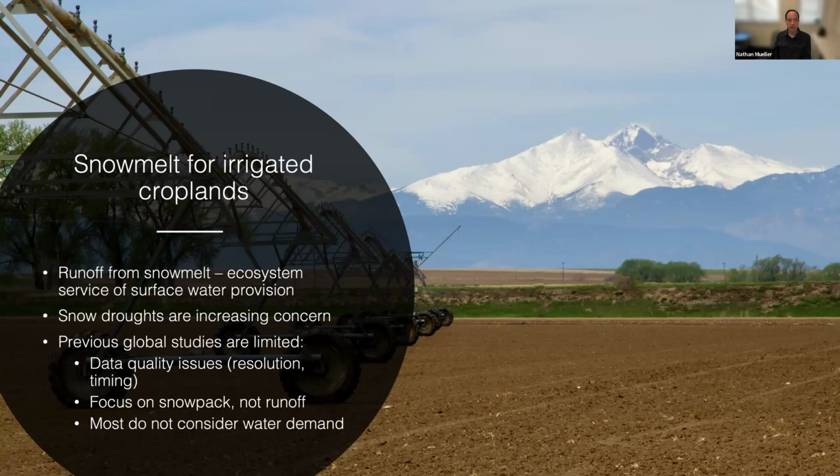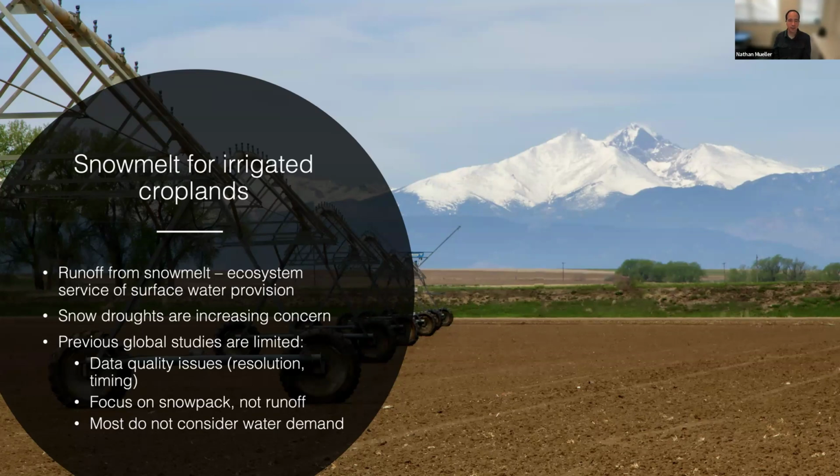So irrigation basically is very important for productivity, but we do worry about the sustainability of water supplies for irrigation. And in particular, I want to focus on surface water supplies and the importance of snowpack in providing water for those crops.